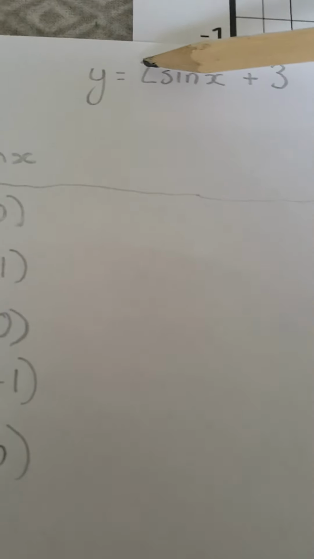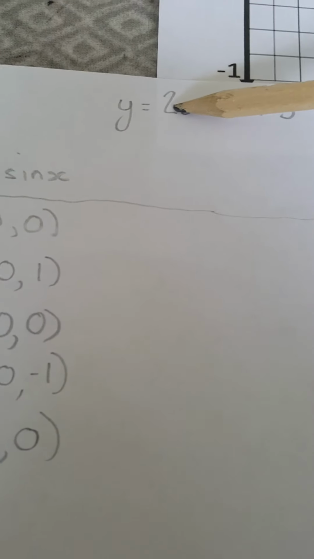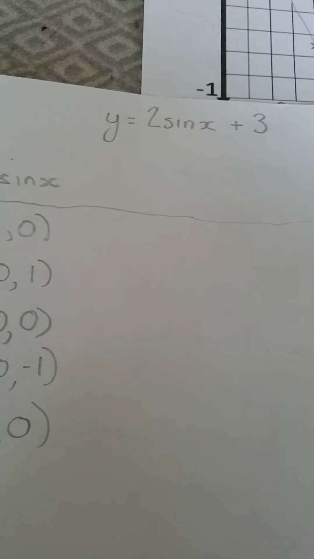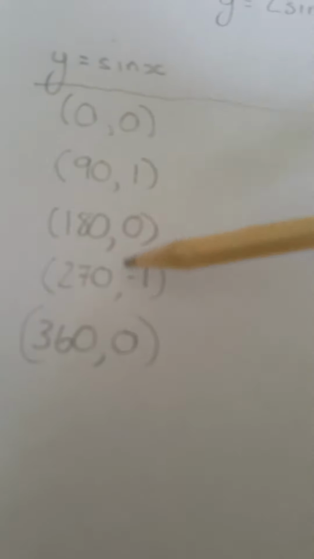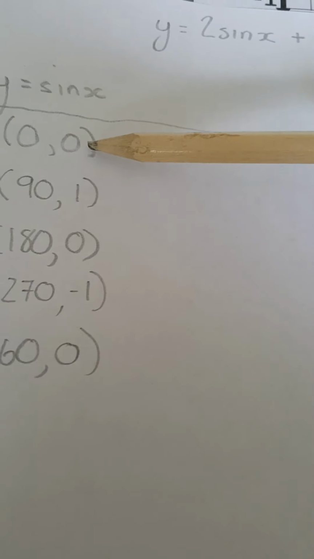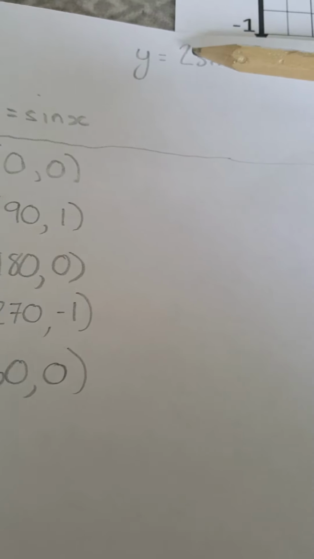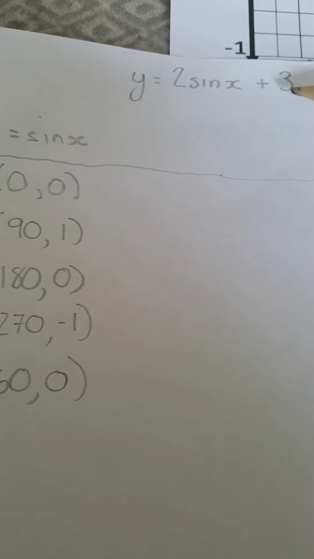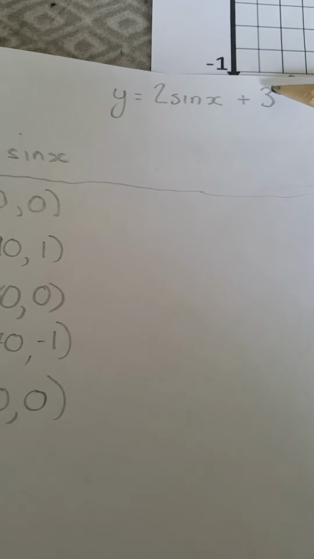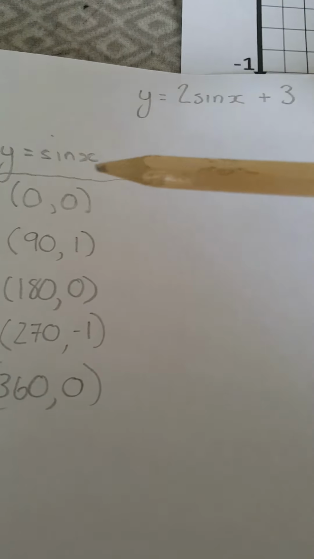The 2 is going to stretch the graph by a factor of 2, so it's the y coordinate that's changing. All the y coordinates are going to be multiplied by 2. That's what that 2 does. And the plus 3 means the graph gets moved up by 3, so all the y coordinates are going to go up by 3.